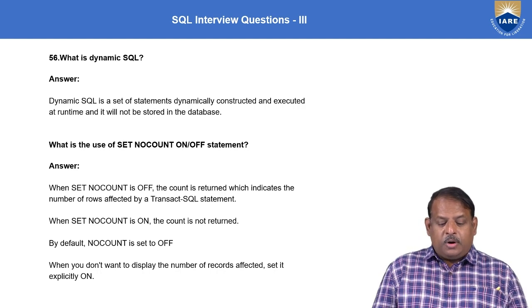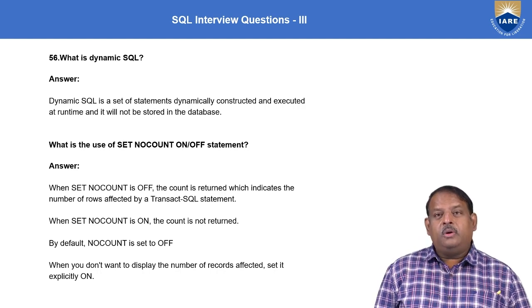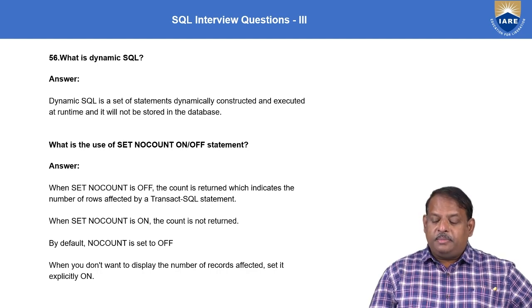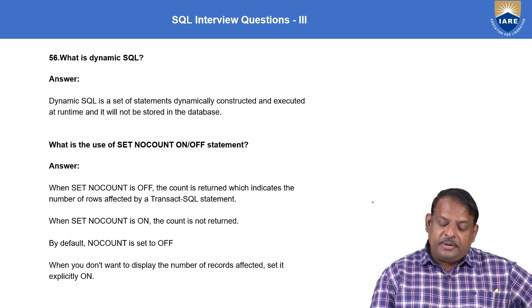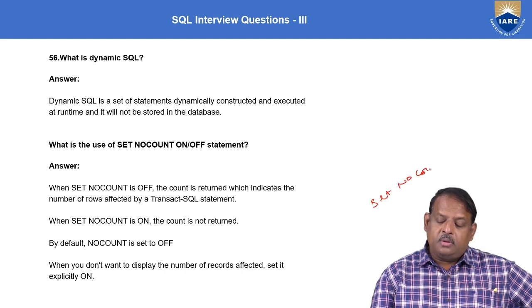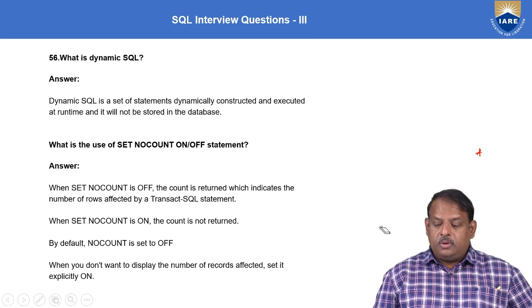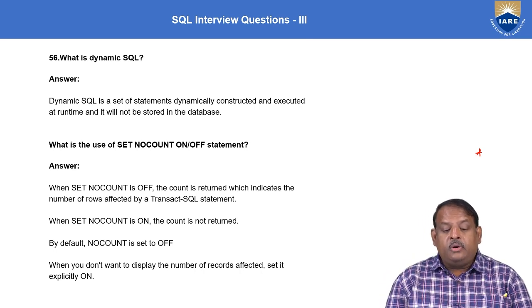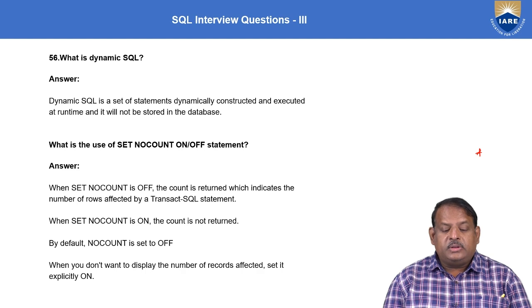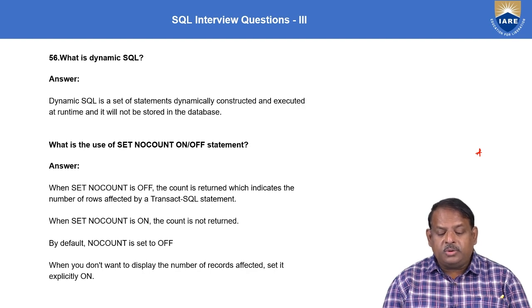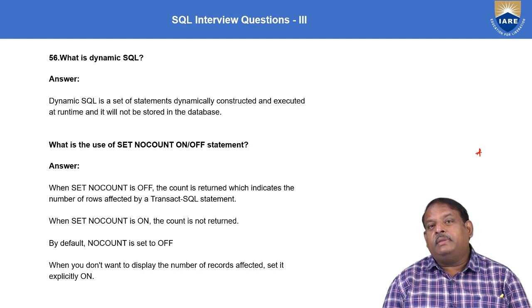Okay, then what is the use of set nocount? You must have seen in some SQL code, some people write set nocount on or off. When set nocount is off, the count is returned, which indicates the number of rows affected by the Transact-SQL statement.